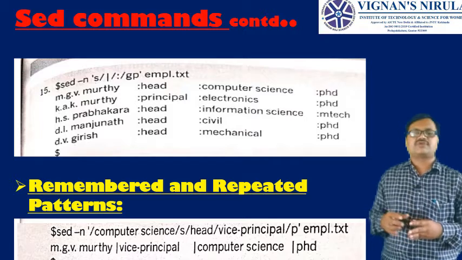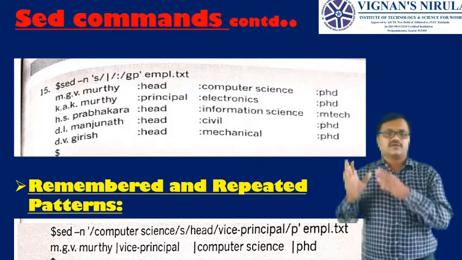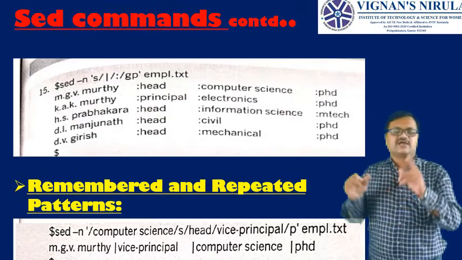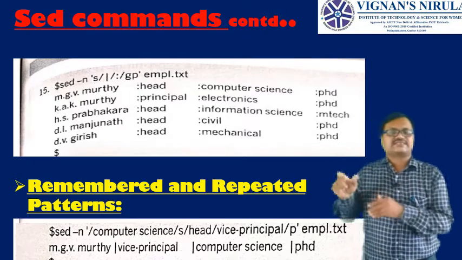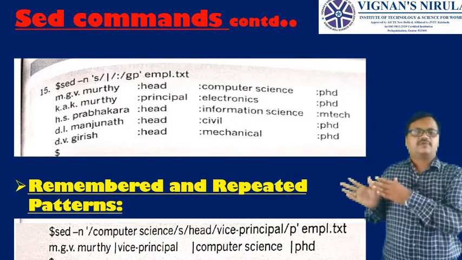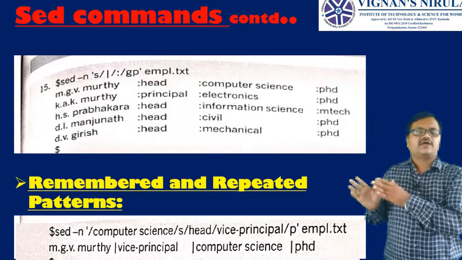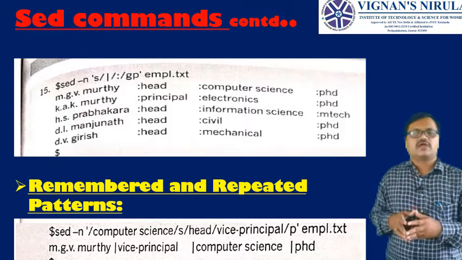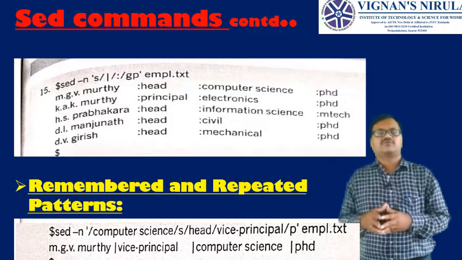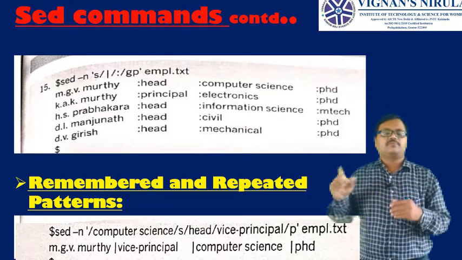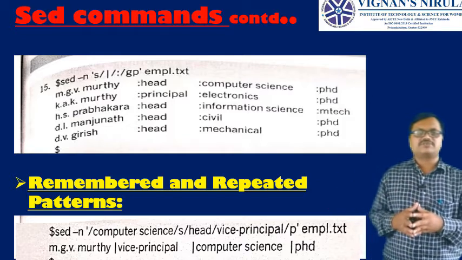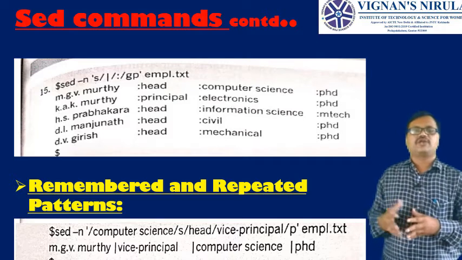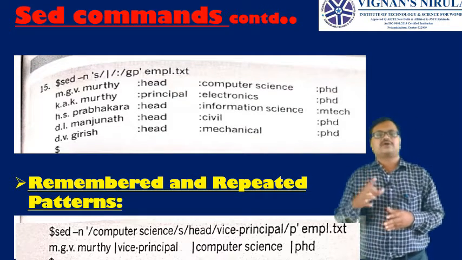You can do that using sed space minus n space, first give computer science in slashes and single quotes, space s slash head slash, after the second slash give vice principal, and then the third slash. Then give p and then probe.txt. So what happens is the head is now replaced by vice principal, because the head is now promoted to vice principal. In that way you can do that using the s command, that is the substitution command.